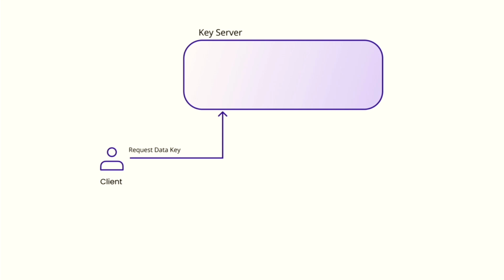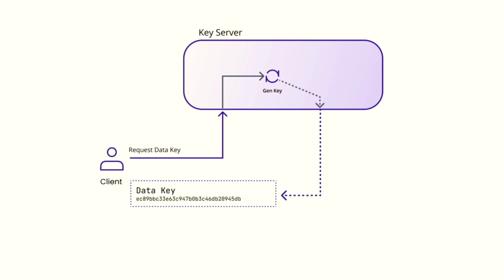So let's talk about a key server very quickly. A key server is a way to retrieve a key for a given encryption or decryption operation. A client, your application for example, may request a key from the key server. The key server is going to generate a random key and return that as what's called a data key, or a data encryption key sometimes.